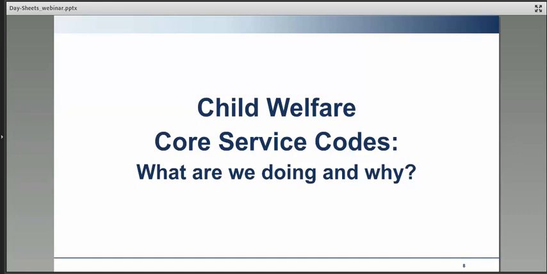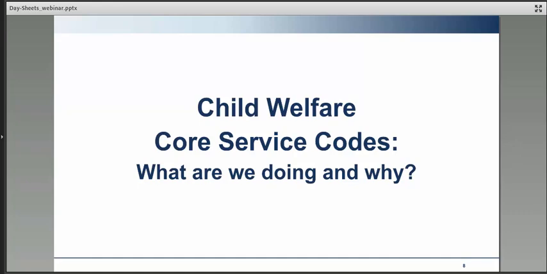But our goal here is not to help you understand every possible permutation of coding. There are literally thousands of combinations when you put together all the service and program codes that are available in child welfare. There just isn't enough time for us to be able to do that.